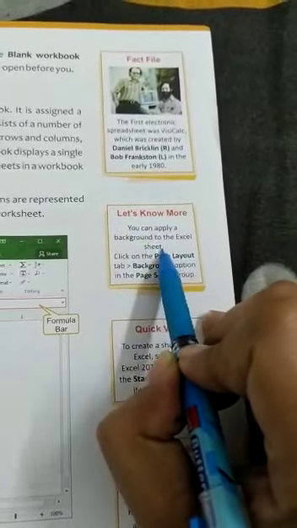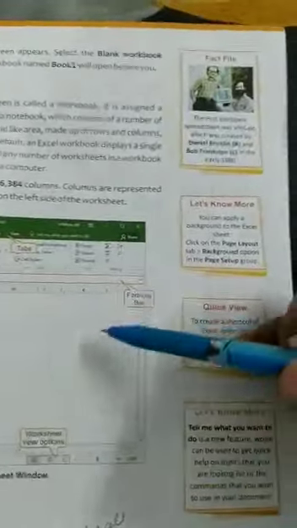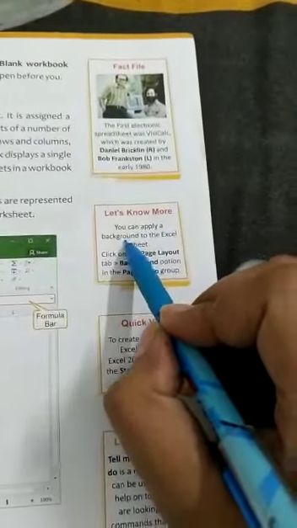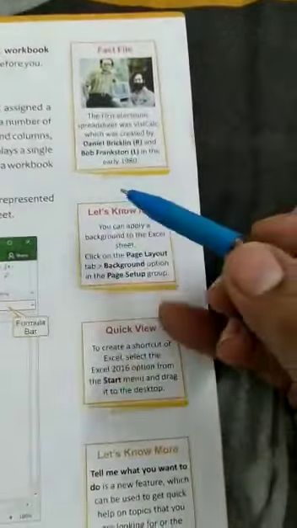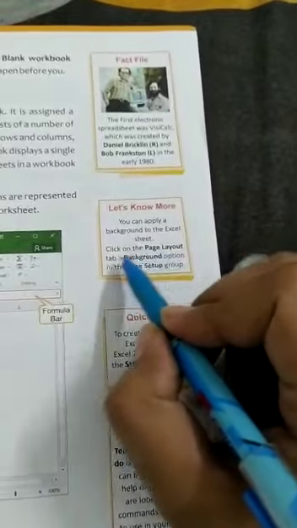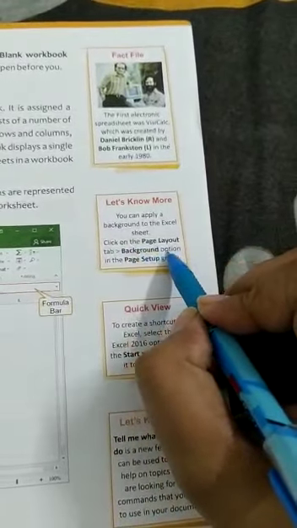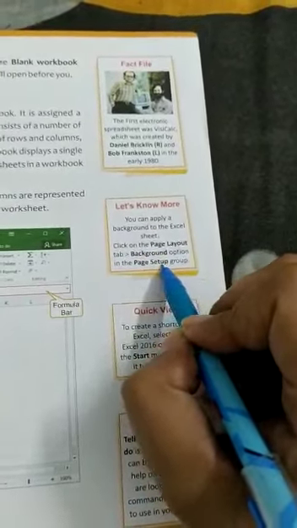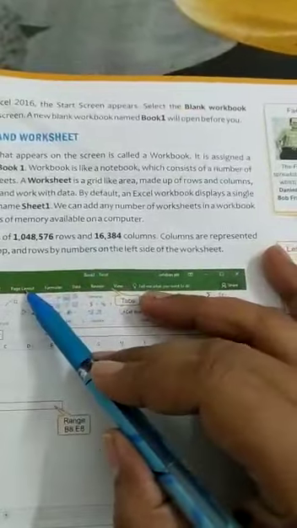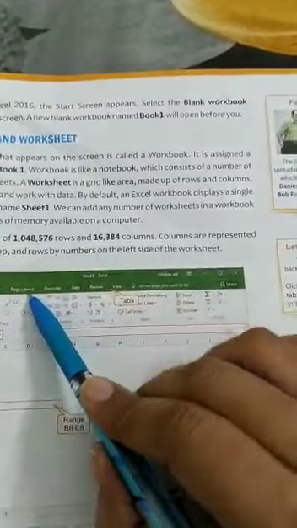Next is, you can apply a background to the Excel sheet. By default it is plain, but you can apply the background to it to make it more attractive. Click on the page layout tab and then background option in the page setup group. Page layout tab, from it we will select the background option.